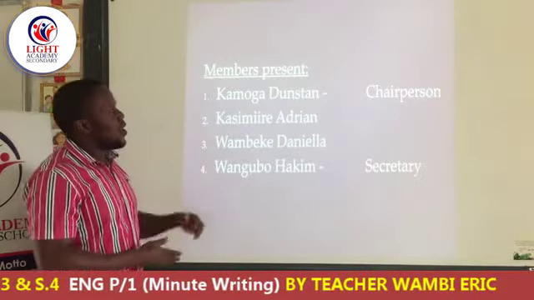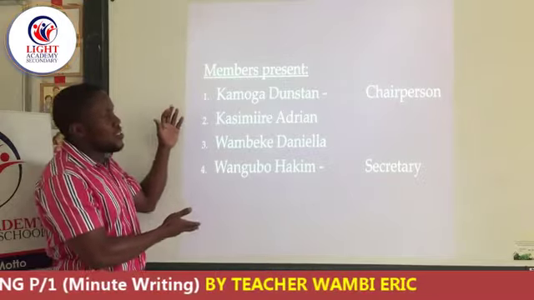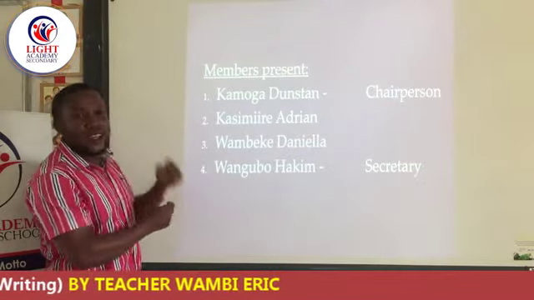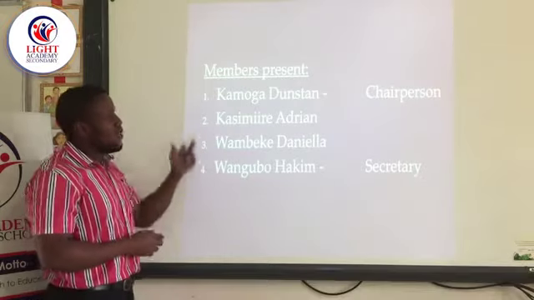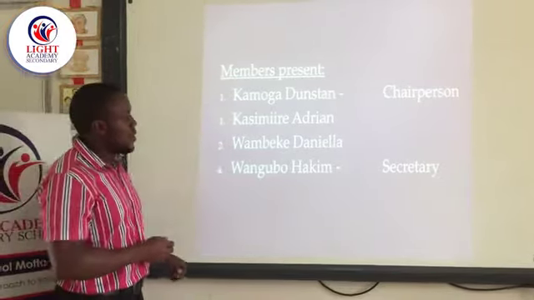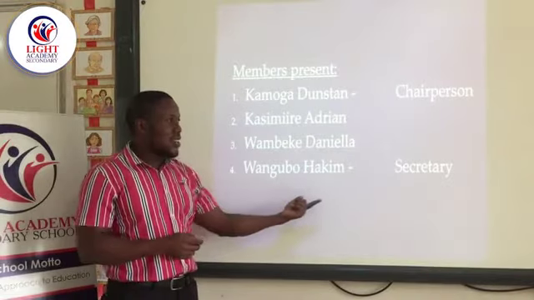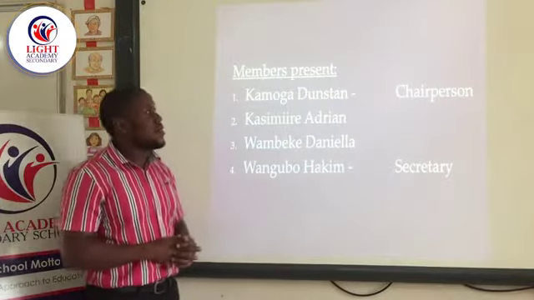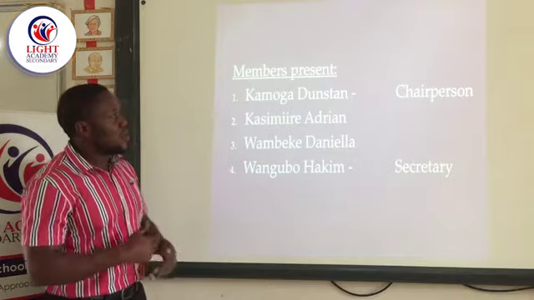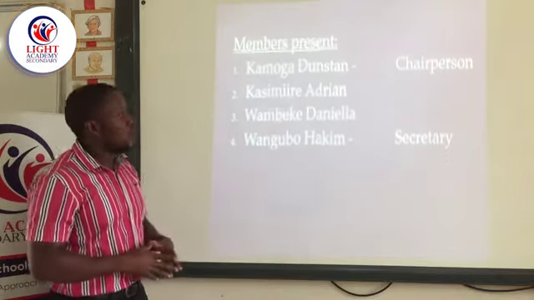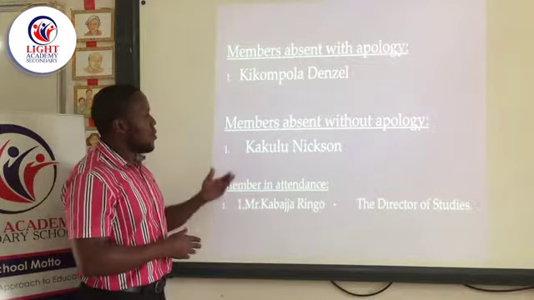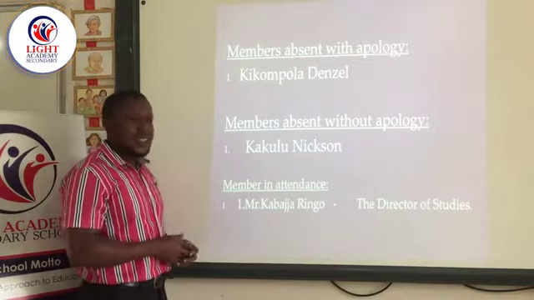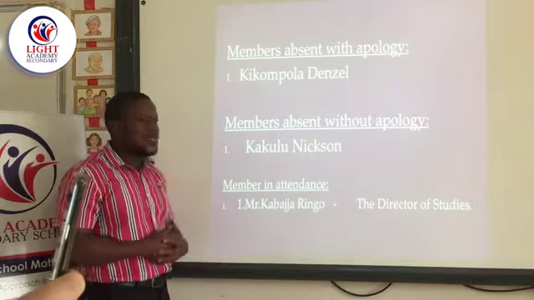Okay, from there you actually have your list of attendance, and like I said, you begin with members who are present. The first character has to be the chairperson, and then the last character here must be the secretary. After that, you go to the list of members who are absent with apology, as you can see, and those in attendance.